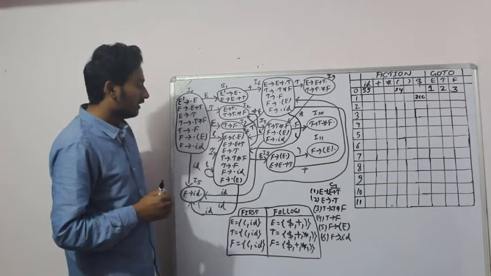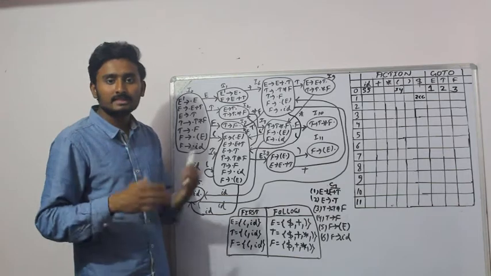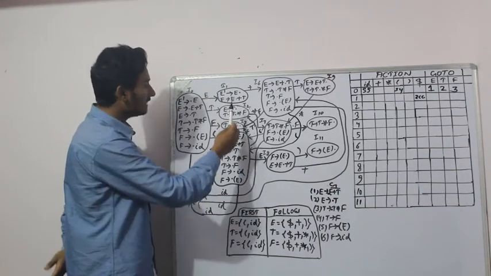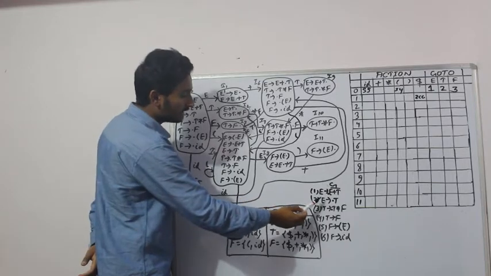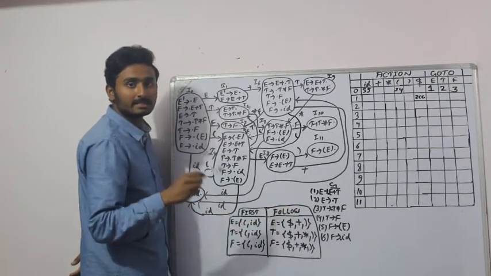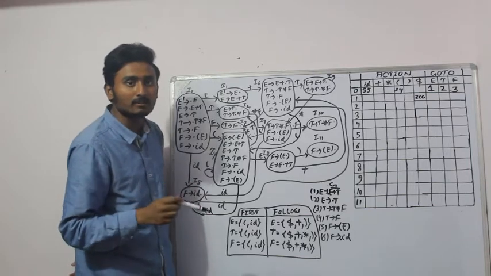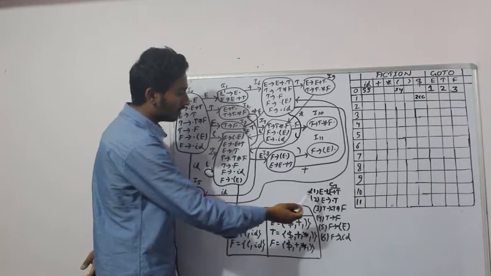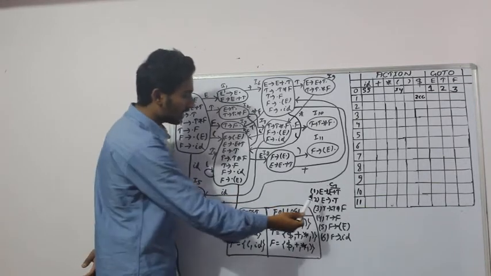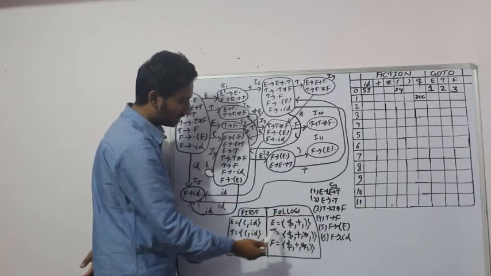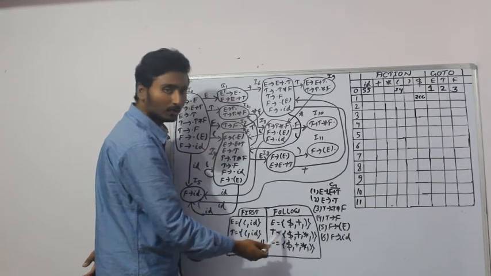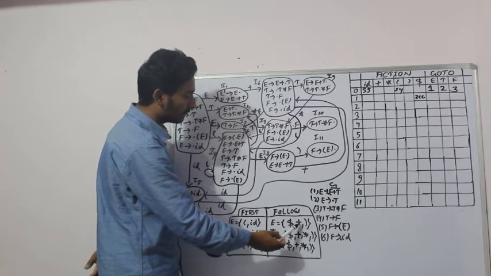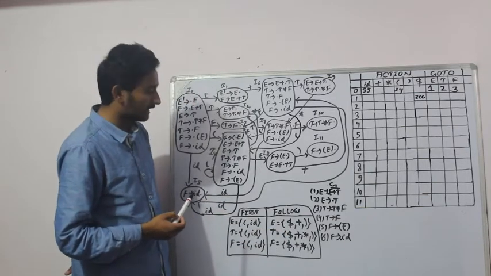Now which symbols do we reduce on? We have to see what is present on the left hand side of the production, that is E. So now we will see what elements are present in the follow of E. The elements present in the follow of E are dollar, plus and the right parenthesis.